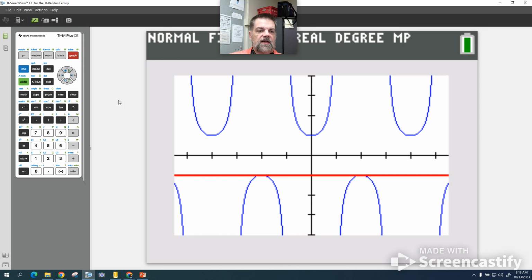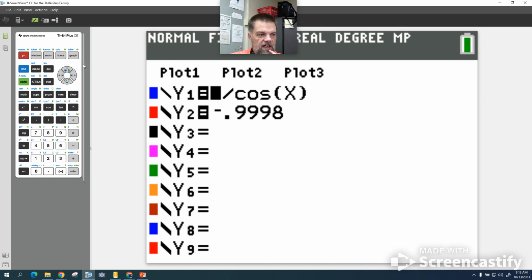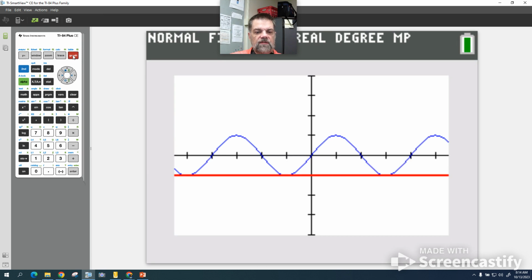Right? Now, let's go back and double check it for sine. So go back to y equals, and we're going to clear out this first one, and we're just going to say sine of x. And when you graph the function sine of x, it looks like this.